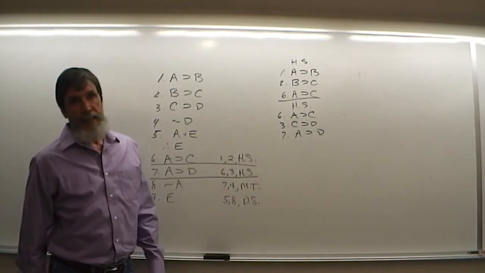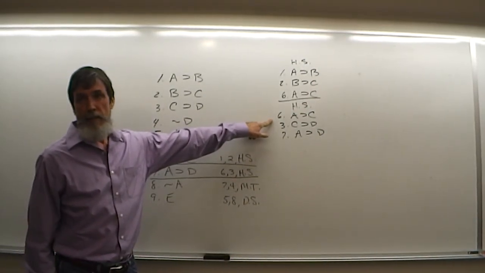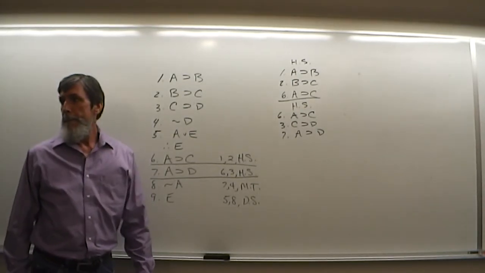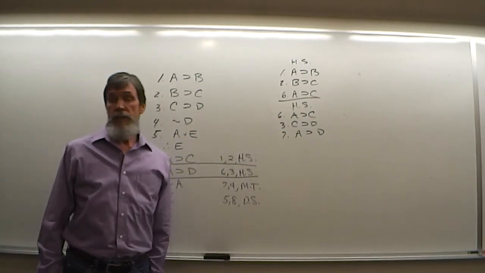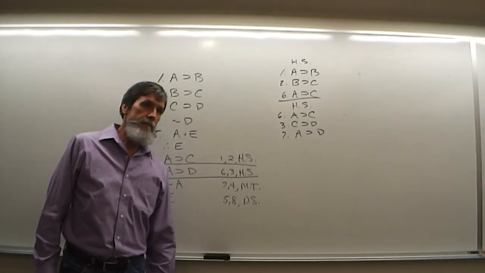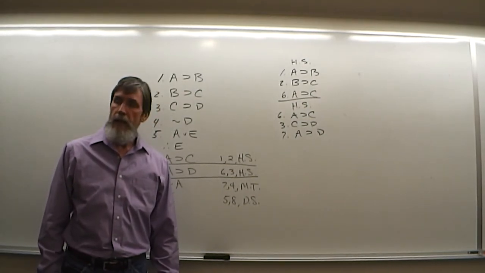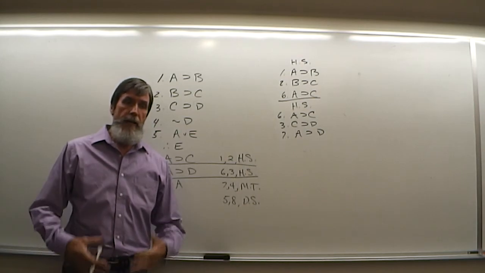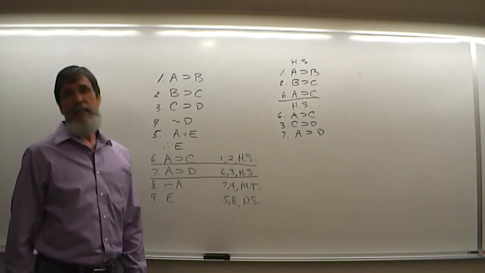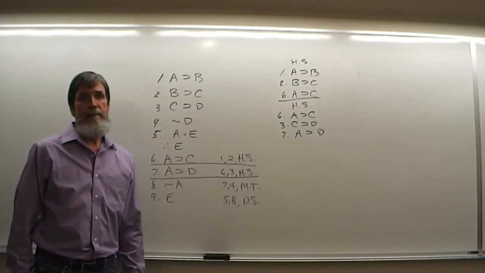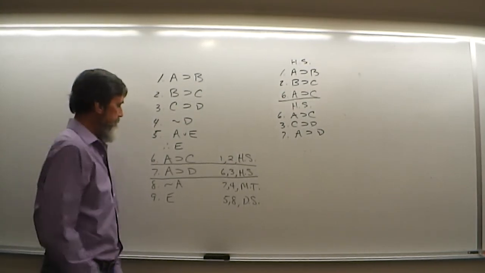So it says 6-3 because line 6 is used as the first premise of hypothetical syllogism, and line 3 is used as the second premise of hypothetical syllogism. So the sequencing of your numbers has to be correct, or that line of proof is wrong. And you can't use it for further deductions. So is there any question about why that says 6-3 and not 3-6? Do you all understand that 3-6 is wrong? Okay, good.